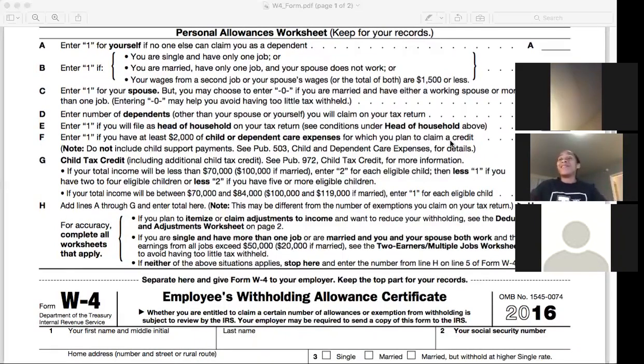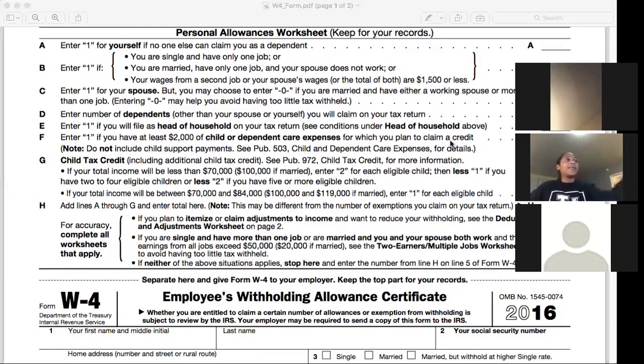If your income is less than $70,000 and you have kids, this applies to you. Now, let's say you have 2 kids. So it's saying to you, enter a 2 for each eligible child. So if you've got 2 kids and it says enter 2 for each kid, now, so that means the number you have right now is what? 4. Okay? 2 kids and you enter a 2 for each child.